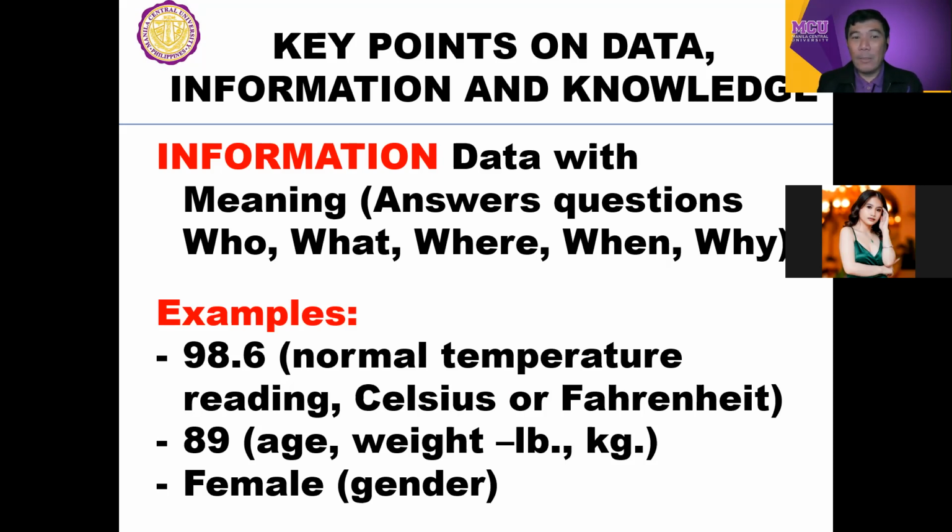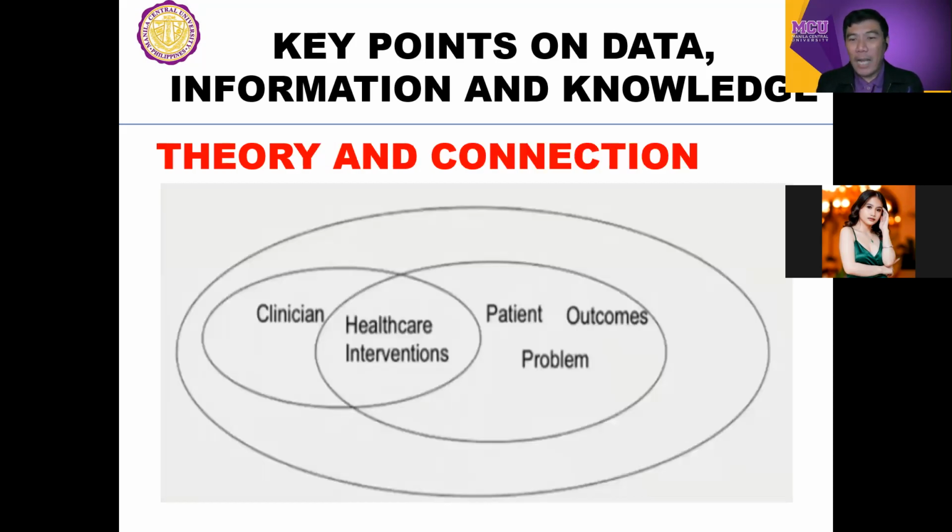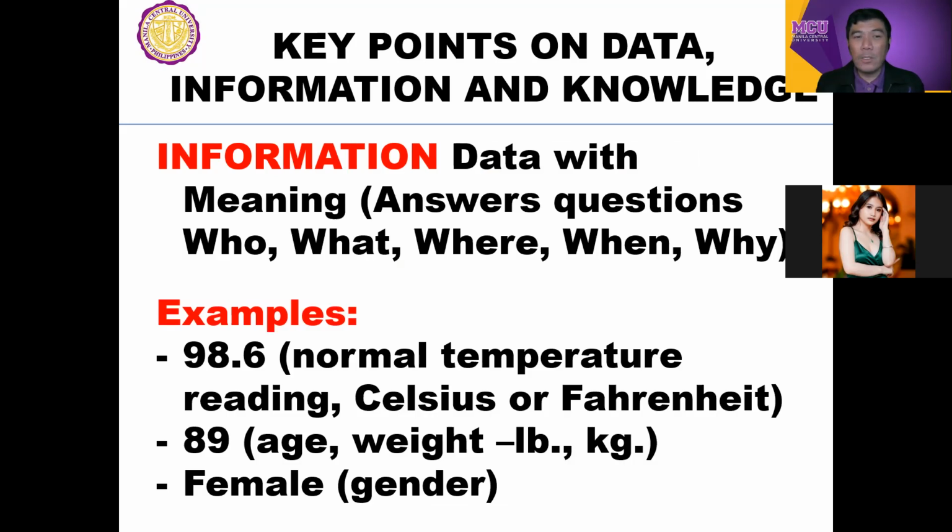It gives us meaning and direction of what is being asked. When we consider this as knowledge, the 98.6 degrees Fahrenheit is now a normal temperature reading. Then we conclude that the patient is well.